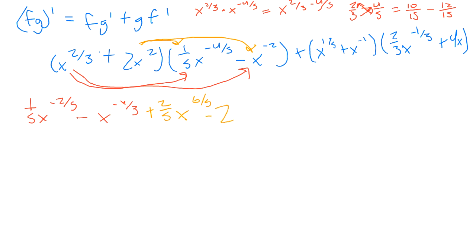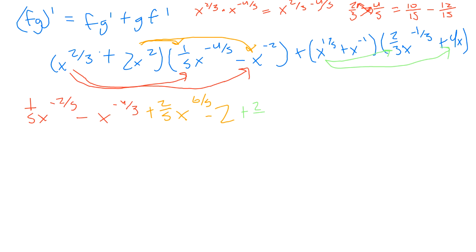Now let's move on to the next step. Over here we have x to the 1/5 times 2/3 x to the negative 1/3, and then also with 4x. So x to the 1/5 and then x to the negative 1/3. We know 2/3 is going to be our coefficient.